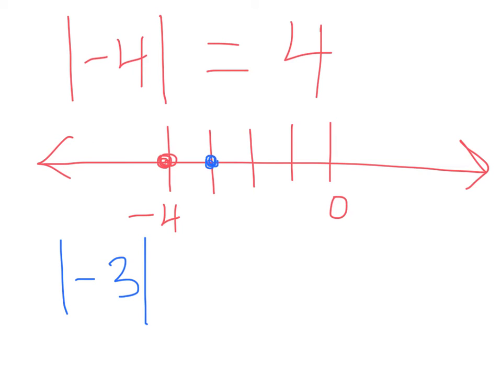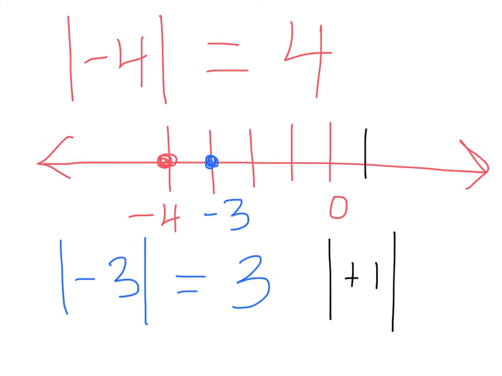Negative 3 would be right here, and it is 3 units from 0. The absolute value of, actually let's do a positive 1, which would be here, would equal positive 1. Absolute value is always positive.